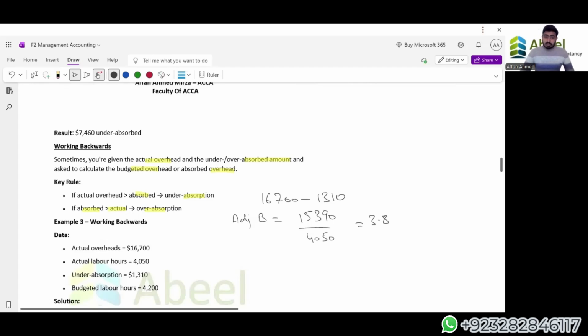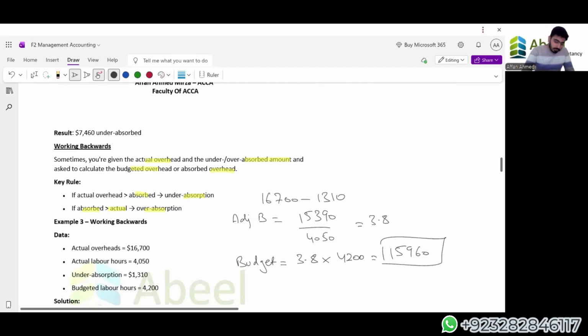Now if I multiply this by my budgeted hours, 3.8 multiplied by 4,200, this will give me 15,960. This was the budget that I had in my records. So this will be easier for me to calculate and have a good position upon.